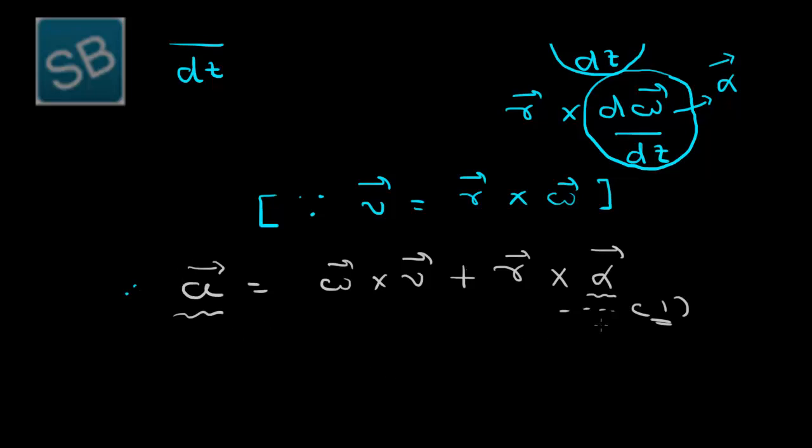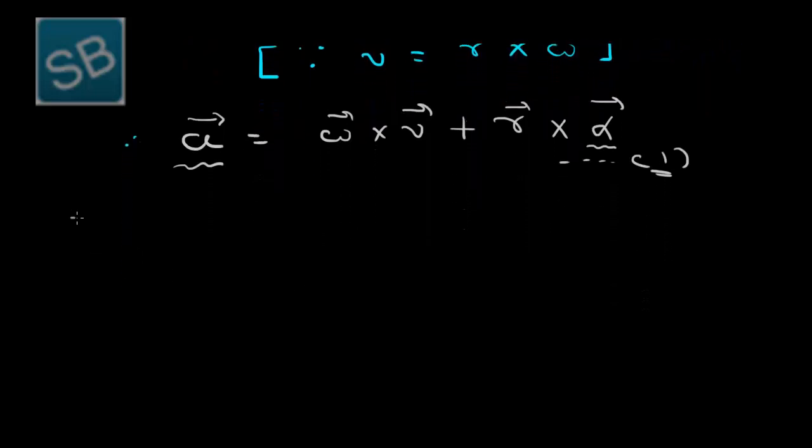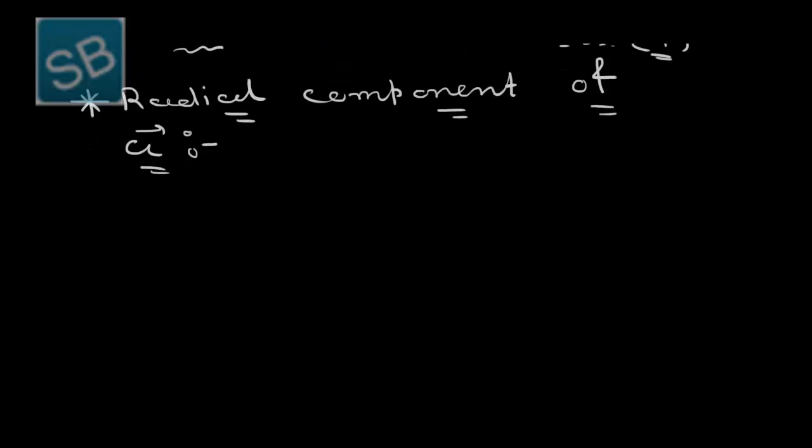But to find out the radial component of linear acceleration, because now it is correlated with the angular acceleration. So what are the radial components of the linear acceleration vector A? For that we now consider the motion of a rigid body, that means one kind of rotational motion, in this article.